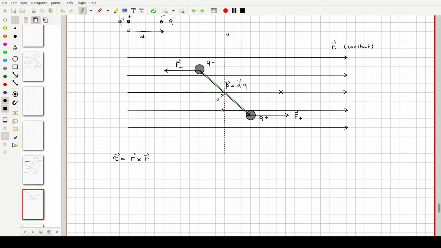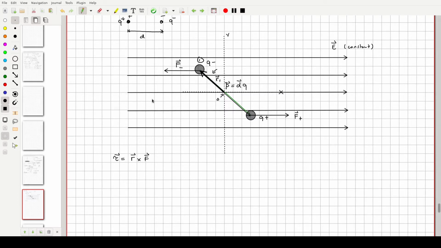Now, we have two torques at work. We have this torque right here, and this torque right here. Just to make a point, I'll use a thicker vector. This one we'll call R1.